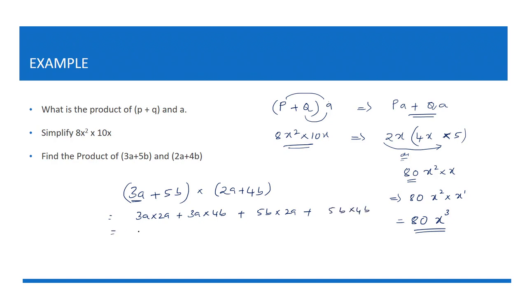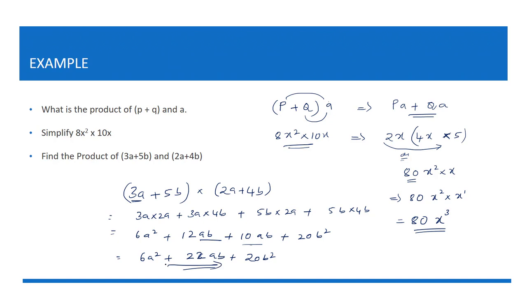3 2s are 6, a into a is a square, plus 3 4s are 12 ab, plus 5 2s are 10 ab, plus 5 4s are 20 b square. Now 6a square plus, you can add 12 plus 10, which is 22 ab, plus 20 b square.